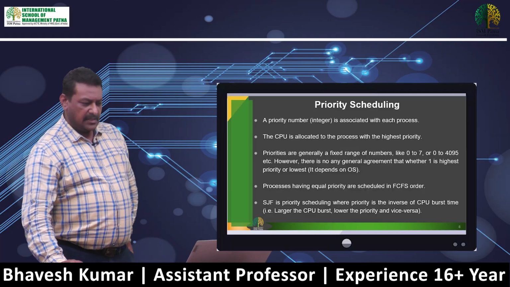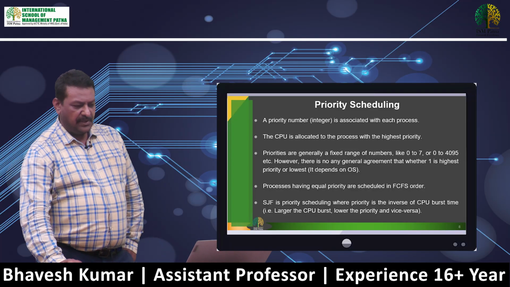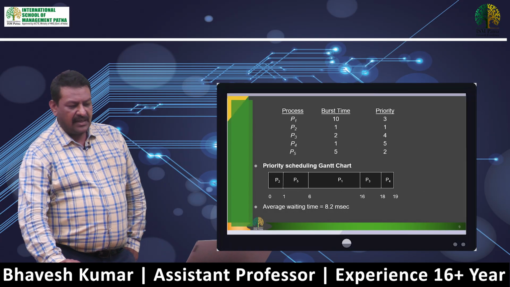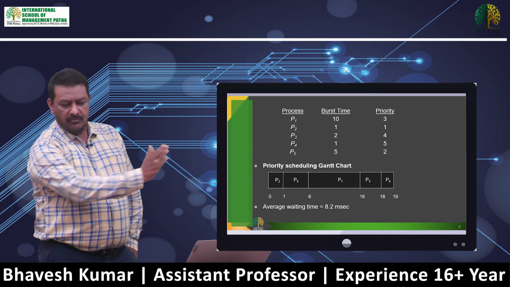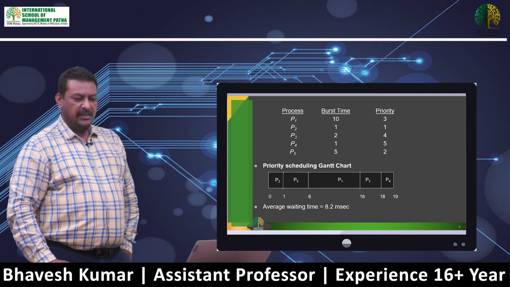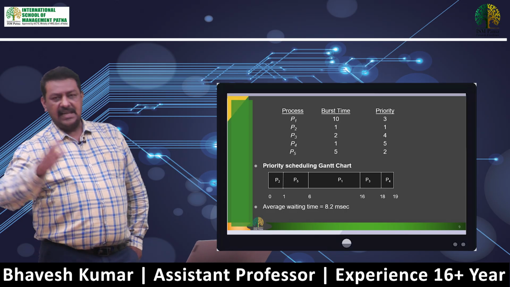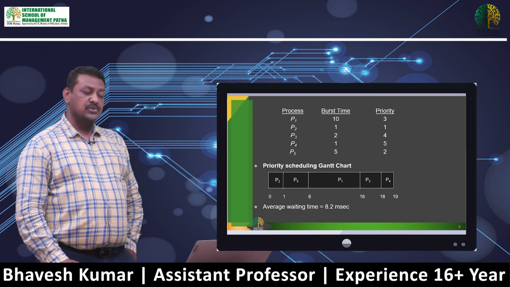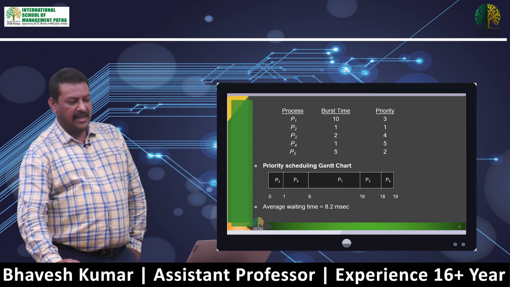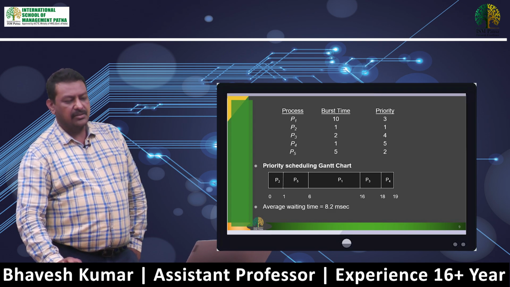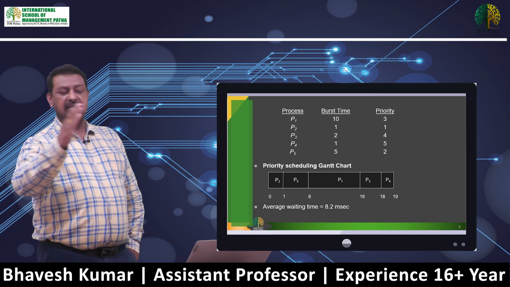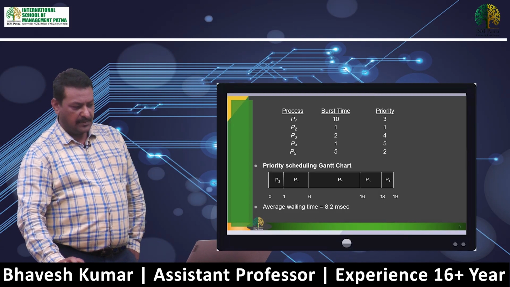So if you look at this, for P1, P2, P3 and P4, we also require their arrival time. Earlier, whatever we discussed, we were talking only about the process IDs and their burst time. But when it comes to preemptive scheduling, we also need to know at what time the process has arrived into the ready queue, right?